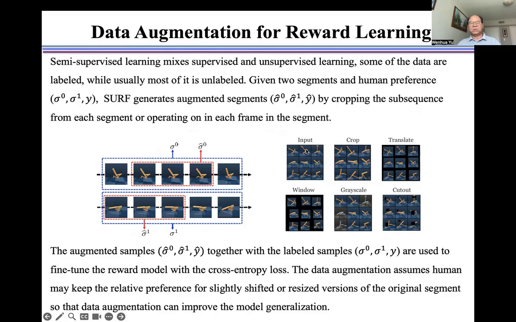This original input segment uses different operations to get augmented segments. The augmented samples together with the labeled samples are used to fine-tune the reward model with the cross-entropy loss. The data augmentation assumes a human may keep the relative preference for slightly shifted or resized versions of the original segments, so that data augmentation can improve the model's generalization.